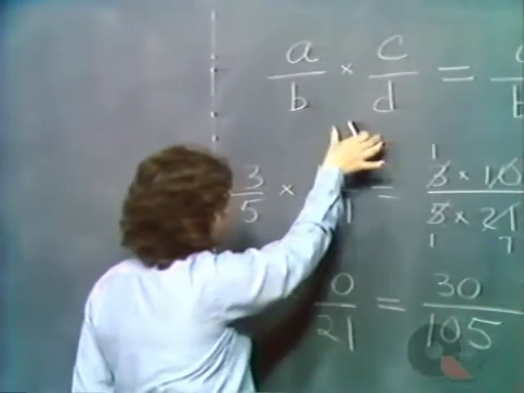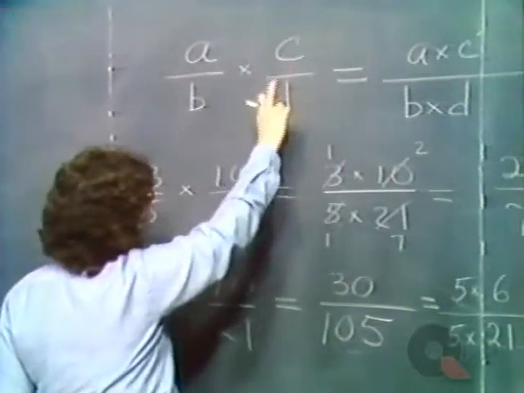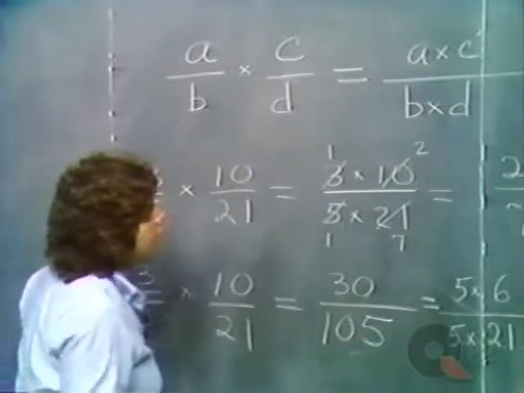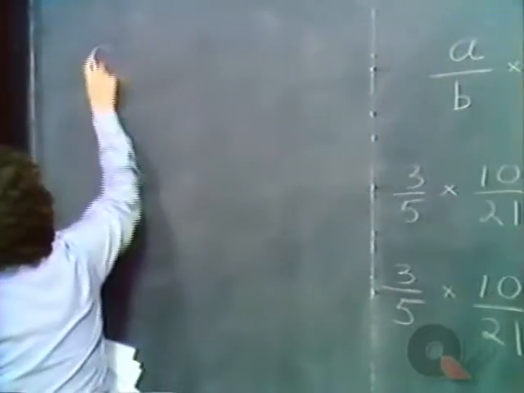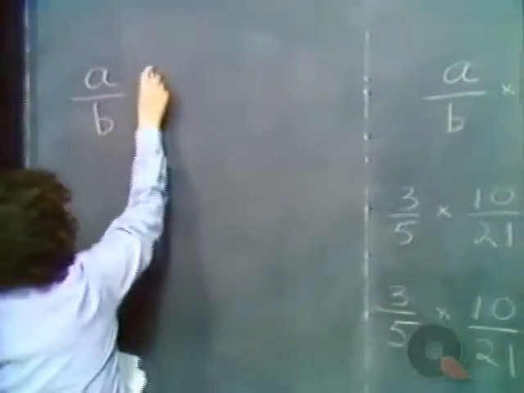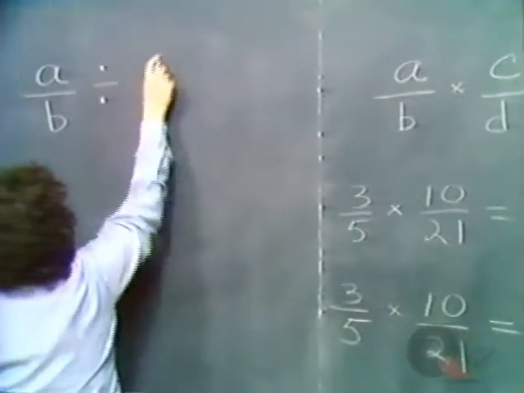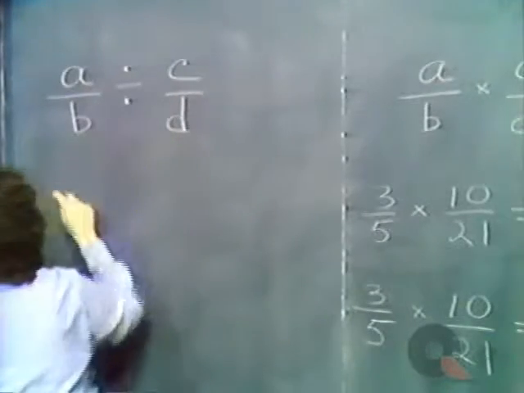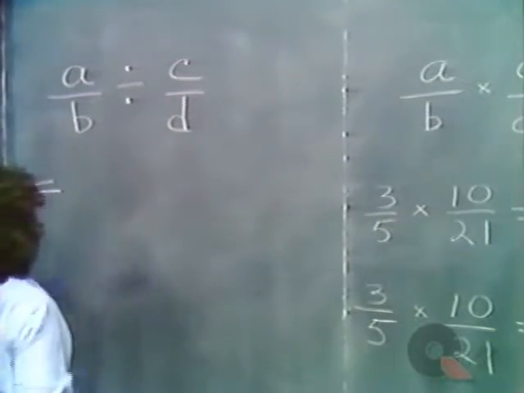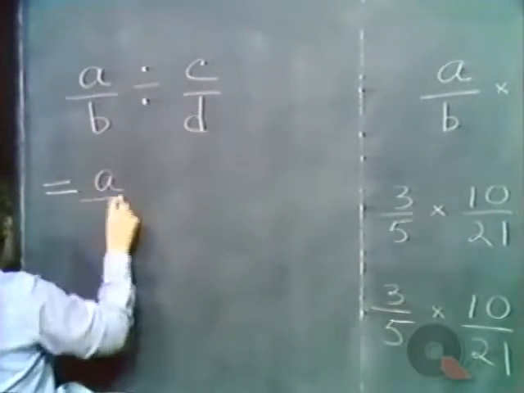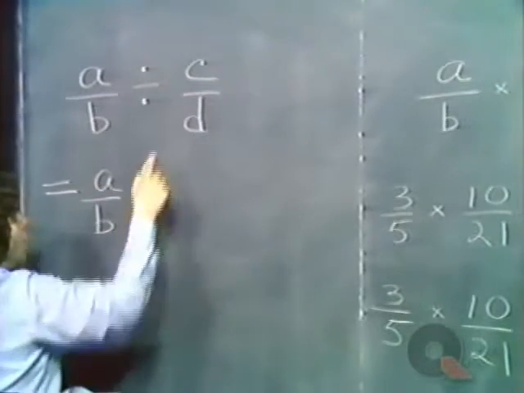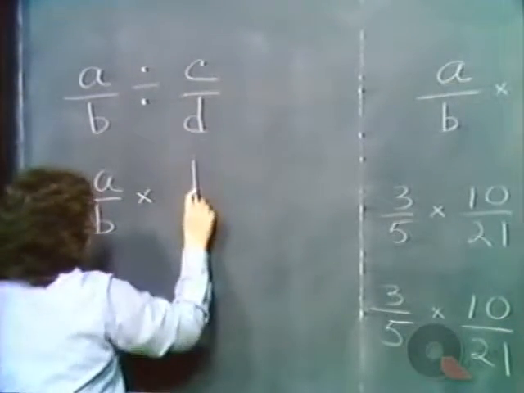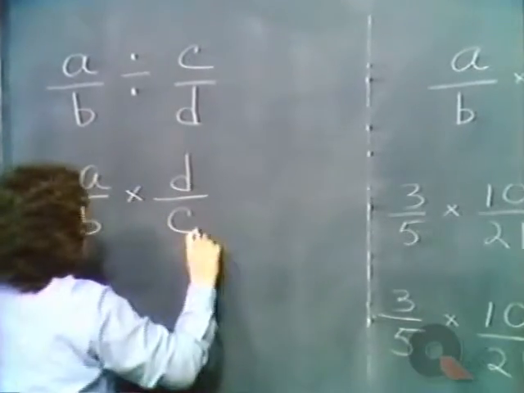Multiplication of fractions was handled by simply multiplying the numerators and dividing by the product of the denominators. Division of fractions is handled slightly differently. When you have one fraction divided by another fraction, it'll probably be written like this. What we do is we take the first fraction and we invert the second fraction and multiply.